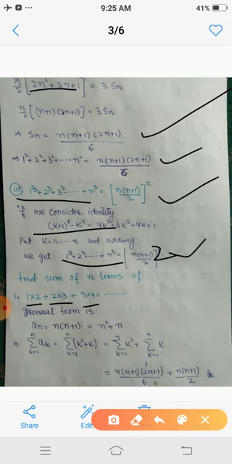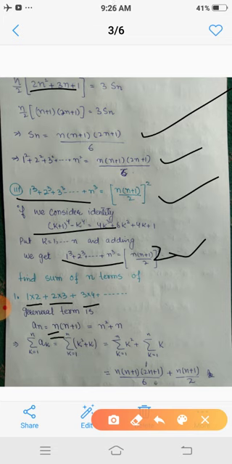So this means that for the nth term the first factor is n. Now the second factor of the first term is 2, second factor of the second term is 3. Similarly for the nth term the second factor should be n plus 1.